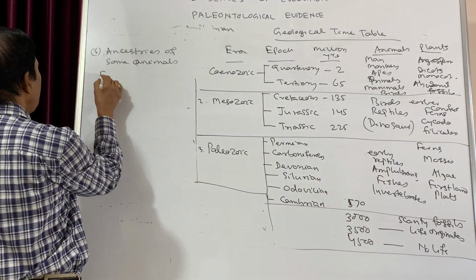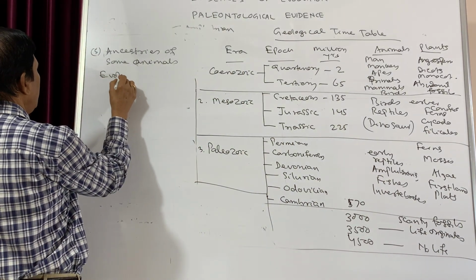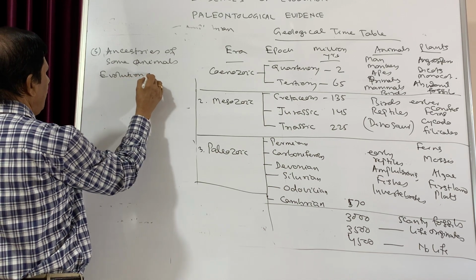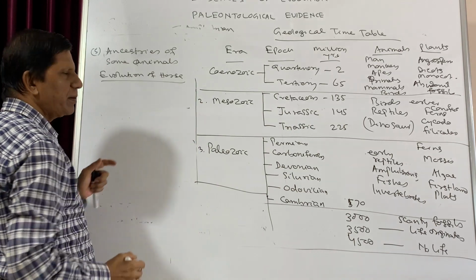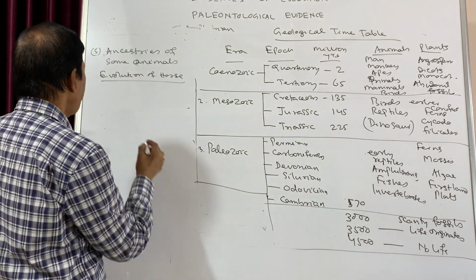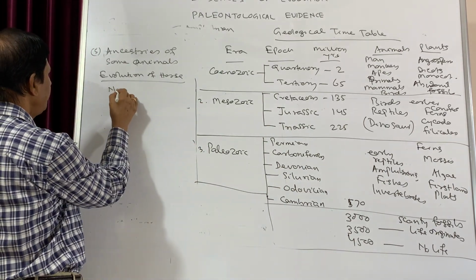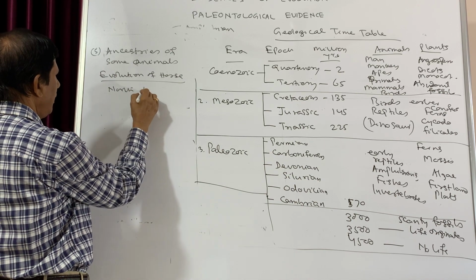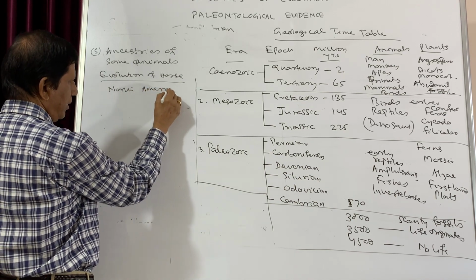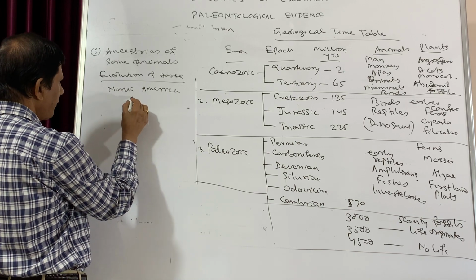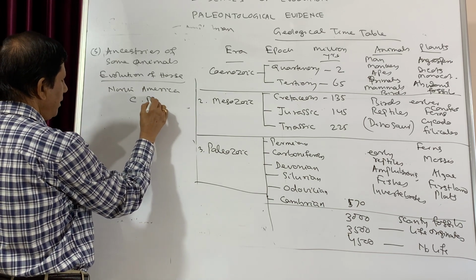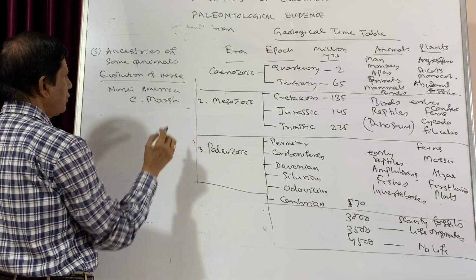So, evolution of horse. Now the fossils of this horse are found in North America, and they were studied by O.C. Marsh.